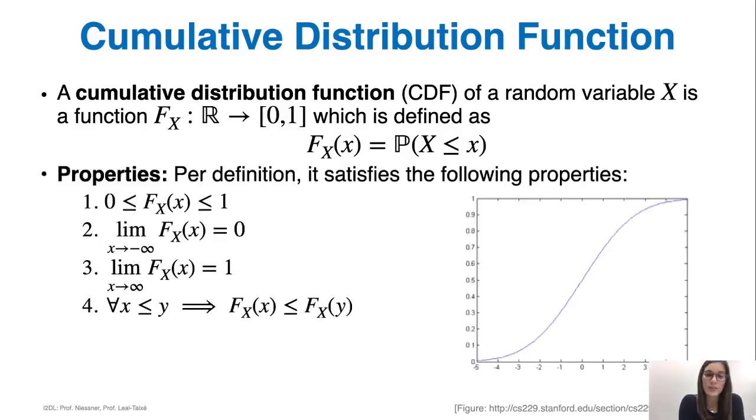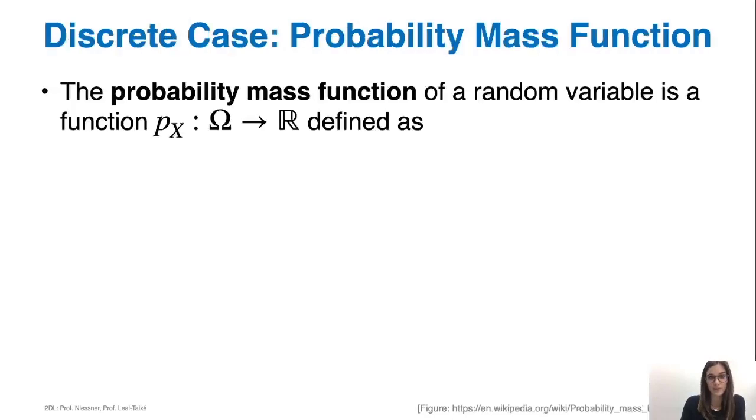I won't read through all of them, but you can just have a look. But essentially it just means that it always has to end in 1, which is the biggest possible value that it can take, and it starts at 0. There you also have an image of a possible sample cumulative function.